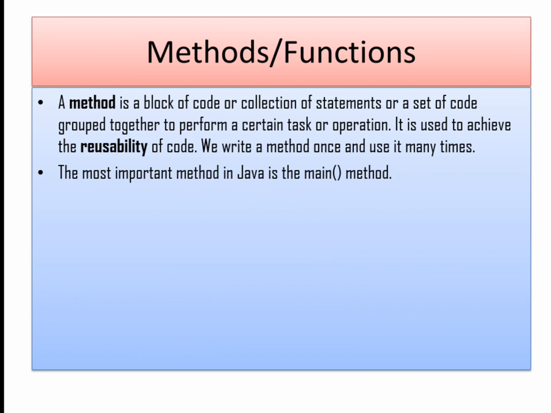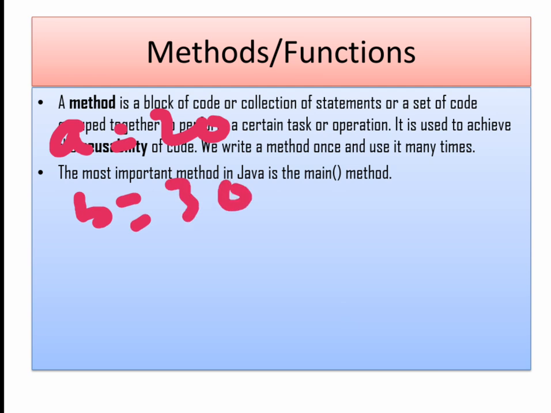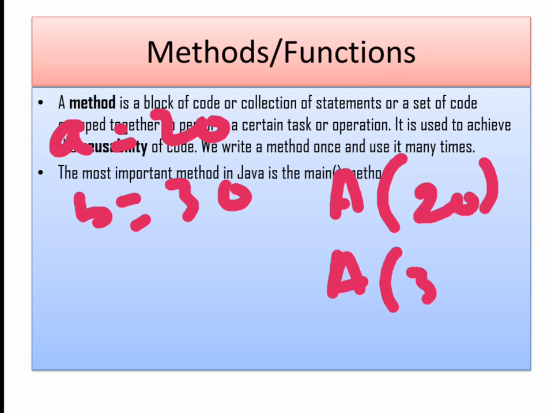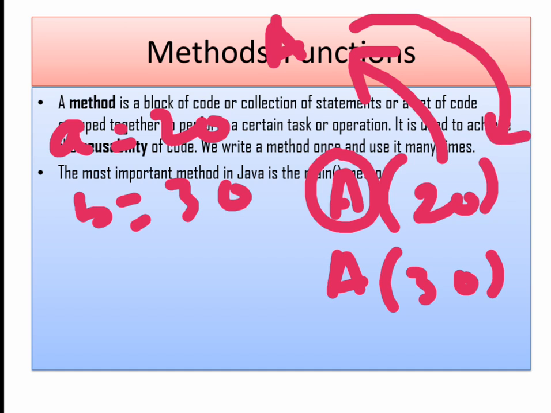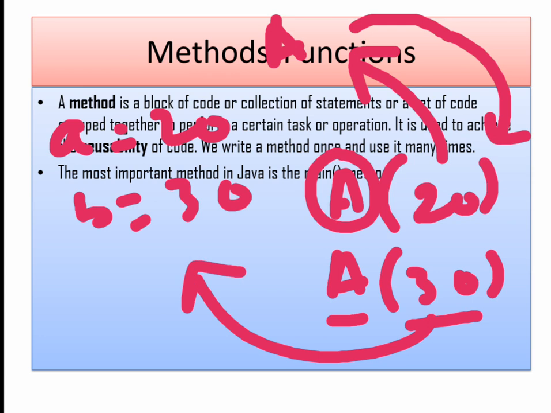Now we need the square root of A and B, so we just call A of 20 and A of 30. It calls the A method, takes this value to that method, and returns the square root of 20. Similarly, it takes 30 to that method, finds the square root of 30 and returns to the original program.